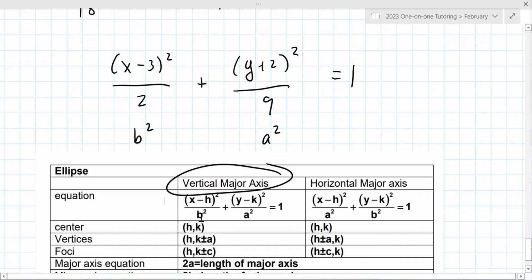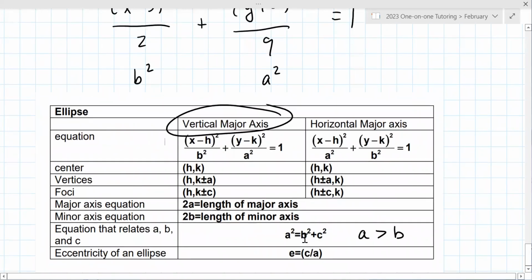Wait, I'm sorry. Can you go over why B is with X and not with Y? Because isn't it normally with Y? But notice, see how X could be with B or X could be with A, Y could be with A, and Y could be with B. And the question's a reasonable question. Well, how do I know?